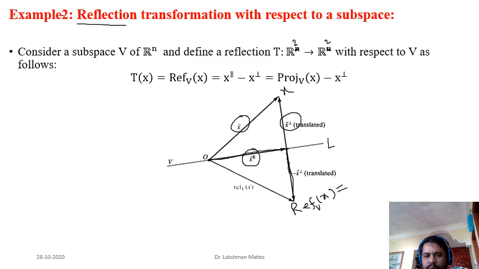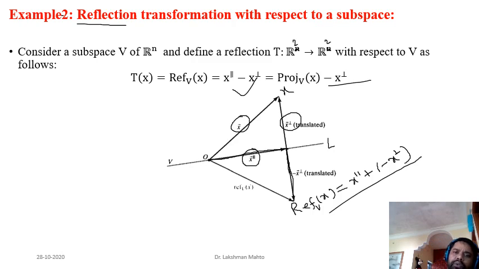So from the vector sum property you can say that the reflection of x with respect to this line, subspace V, would be just the sum of this projected part plus this translated part, the negative of x perp. So I have written it here.